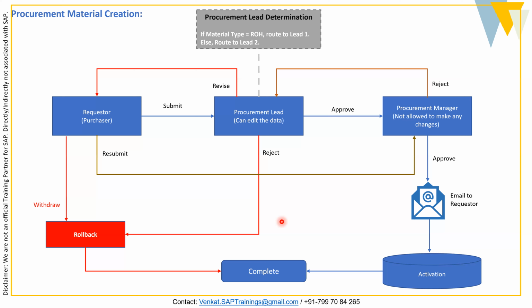So triggering point is always a requester. So here lead 1, lead 2 means different user agents. That's it. At the same step, different user agents. Nothing much.